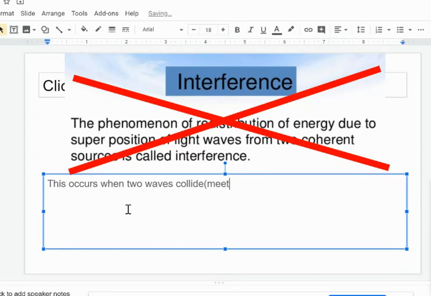So we're talking about scenarios where two waves come together. For one instant, they combine energies. The fact that they combine is called superposition.